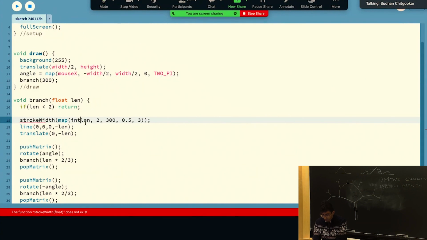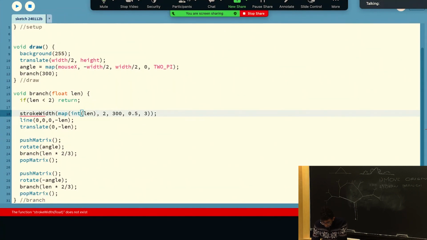And we need to map an integer, I think, is the issue here. Stroke width. What am I doing wrong here? Maybe I need to convert all of this to an integer. That doesn't seem right, though. Oh, you know what?